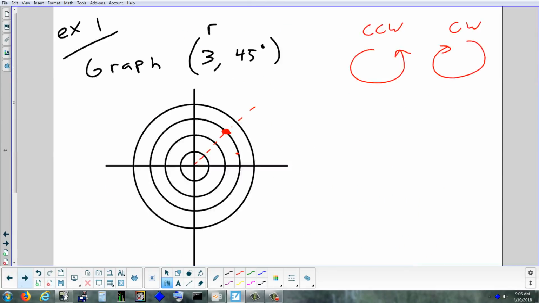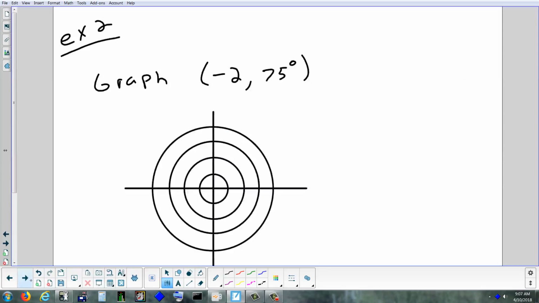If you had it down here, I'd probably give you half credit because you're the right radius from the origin, but you're not really near 45 degrees. I would think that's more like 15, 20 degrees. It's not 45. Okay. Any questions on that one?